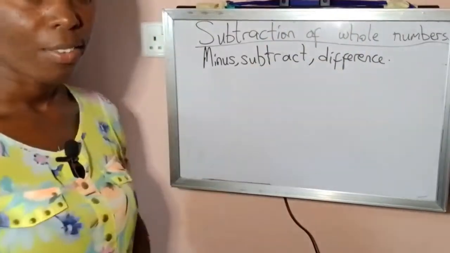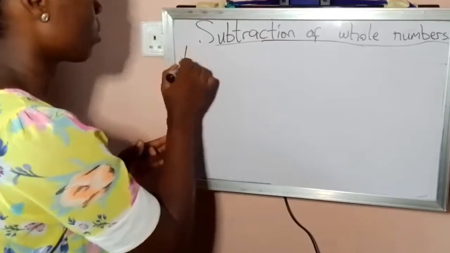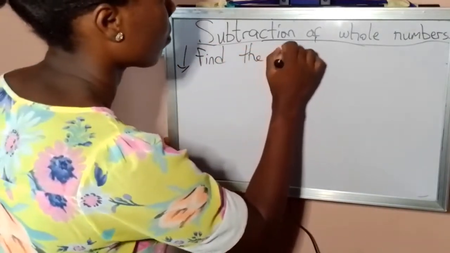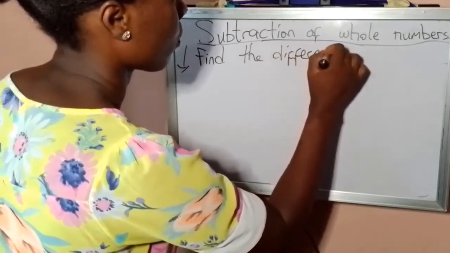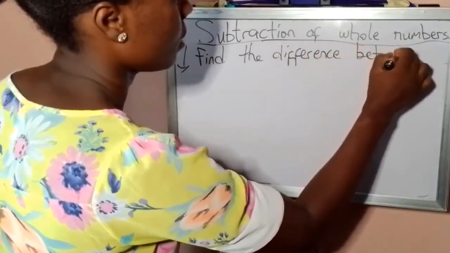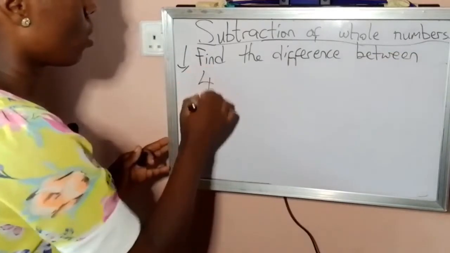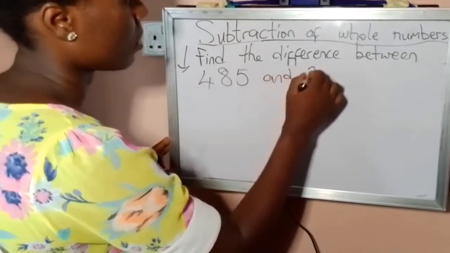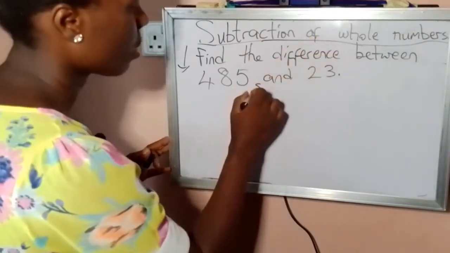Let's see a few examples. Let's see the first one. Find the difference between 485 and 23. Let's solve this quickly.